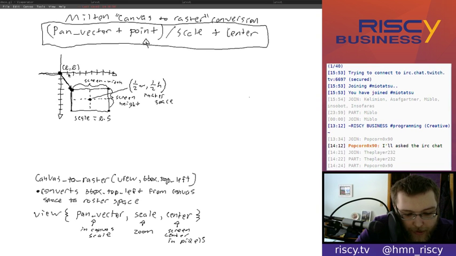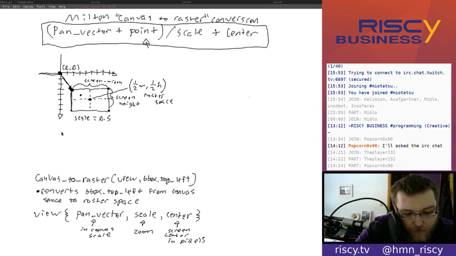So now let's say we have a point in here, like right here. And we know the coordinates in the canvas space.